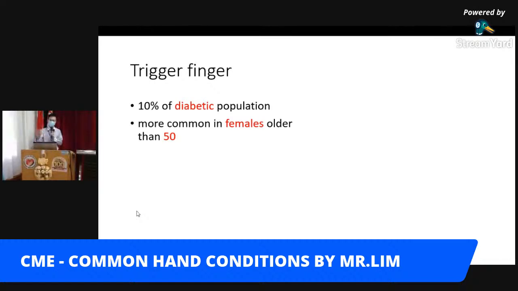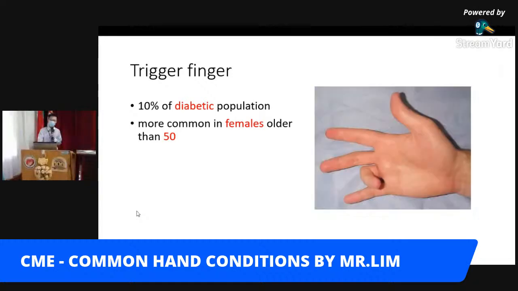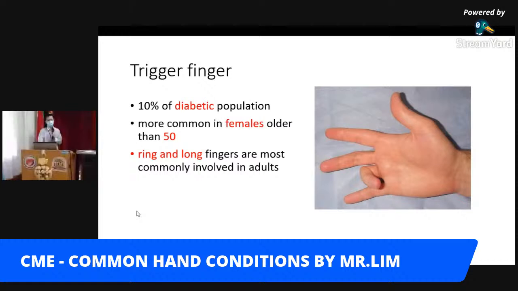After that, we find out that the patient has diabetes. But fret not, not all trigger fingers are diabetes. This is not diagnostic for diabetes. It is associated in 10% of the diabetic population. It happens more in females over 50 years old. Often the ring and long fingers are most commonly involved.